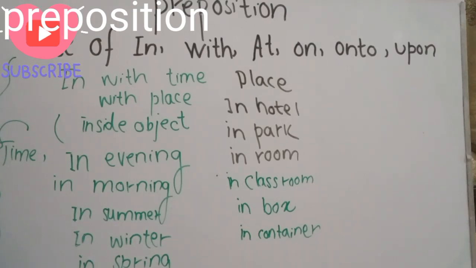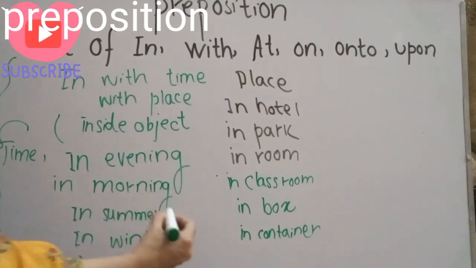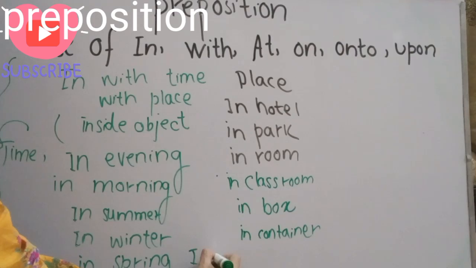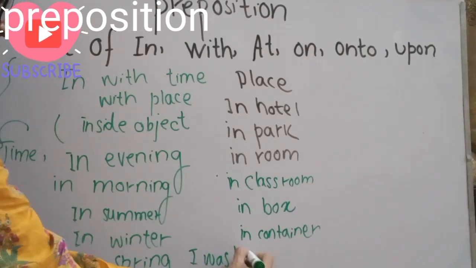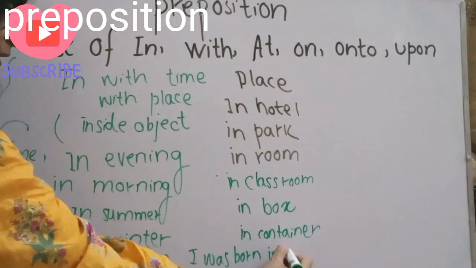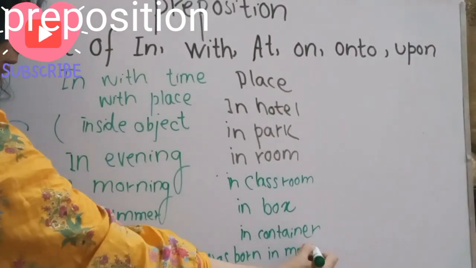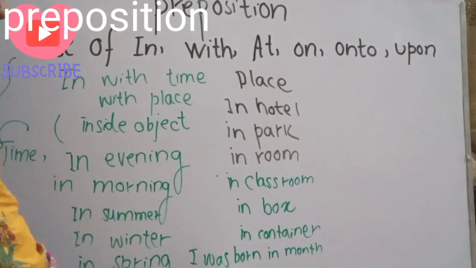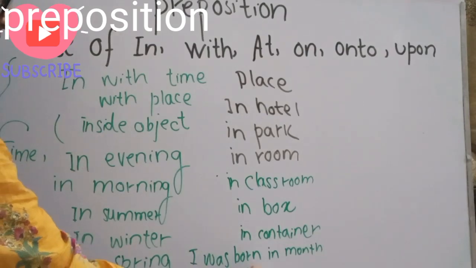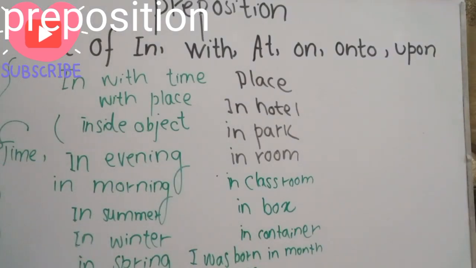And with month also. If I say I was born in the month of May, I was born in May in London, in Paris.